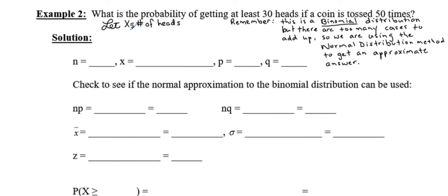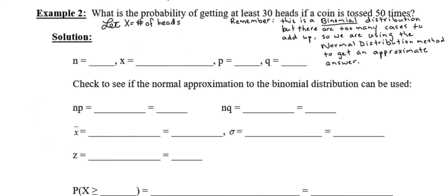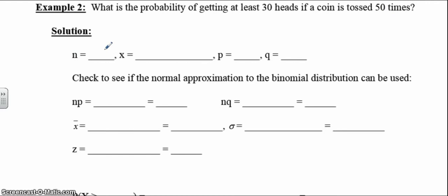So let x equal the number of heads. Our n value is the number of trials, which is 50. Our x value, we want at least 30 heads, so at least 30. But we have to trick it. Instead of saying at least 30, that's going to be at least 29.5.